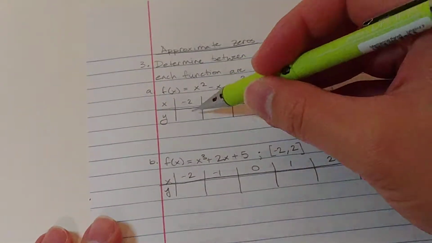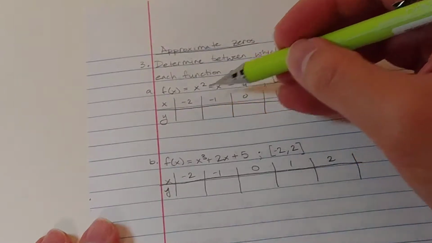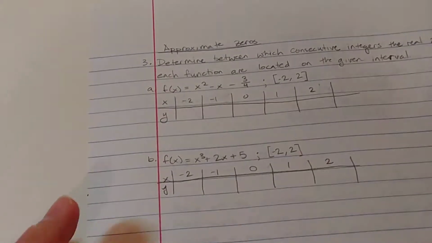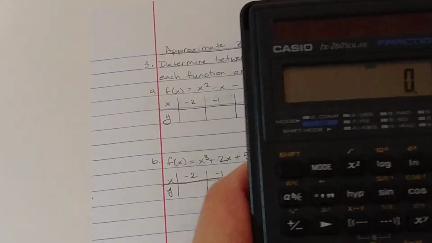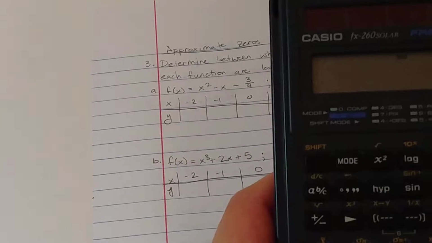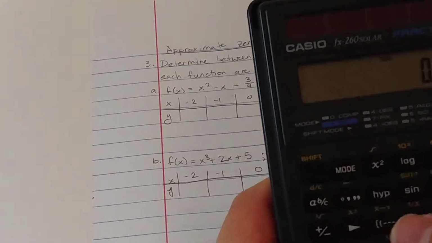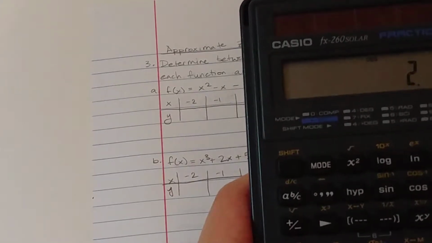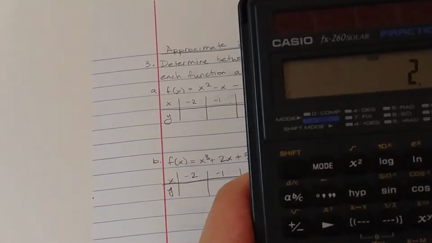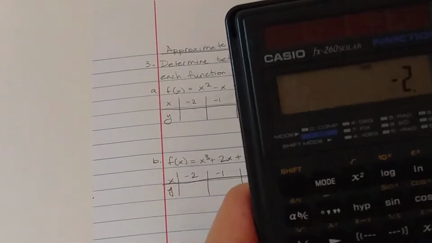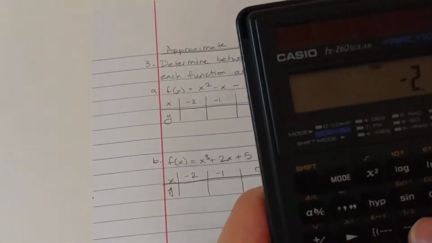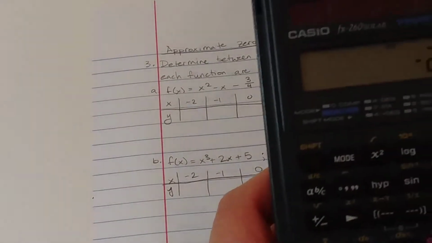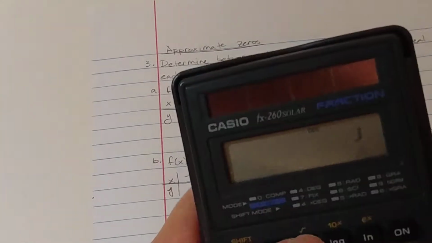And now we're just going to plug in those numbers. Okay, so we're going to plug in -2 for x here. I'm going to put this one in parentheses because it's a negative, close parentheses, and then square it.